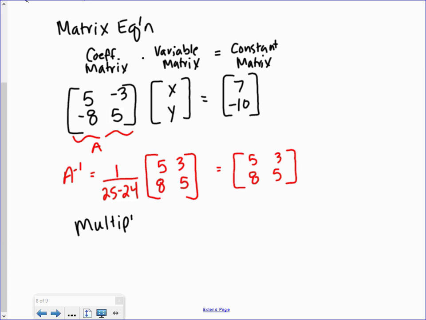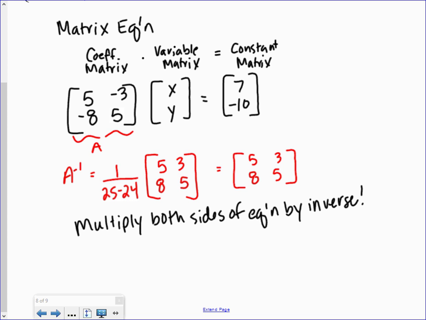And so we want to multiply both sides of the equation by the inverse. So on this left side where I have my original coefficient matrix, I could just put the inverse matrix right in front of it. Are you okay with me doing that? Okay.